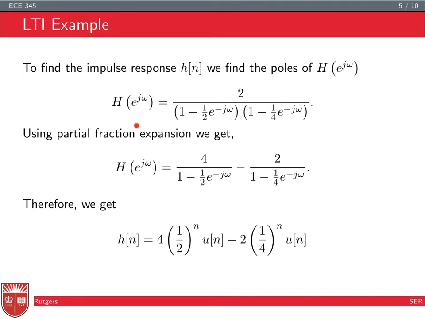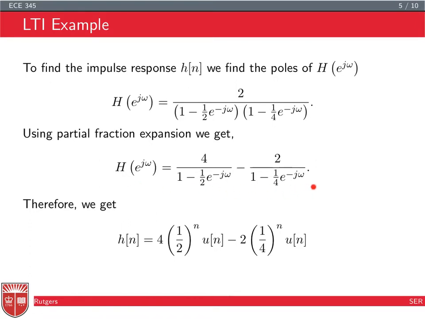Then you can write it under this form, and do the partial fraction expansion, where H(e^{jω}) equals some constant divided by 1 minus 1/2 e^{-jω} plus some other constant divided by the other factor. You can find these constants A and B using the method that you know by now. Here I'm just giving you the result, but you should check that it is correct.